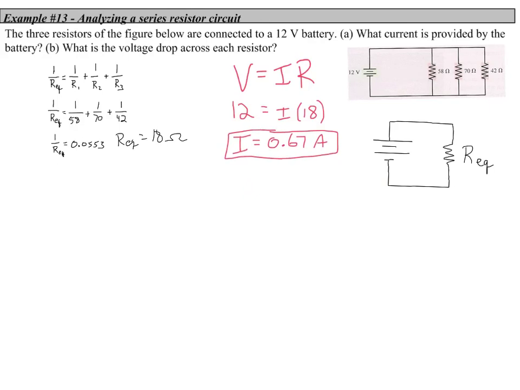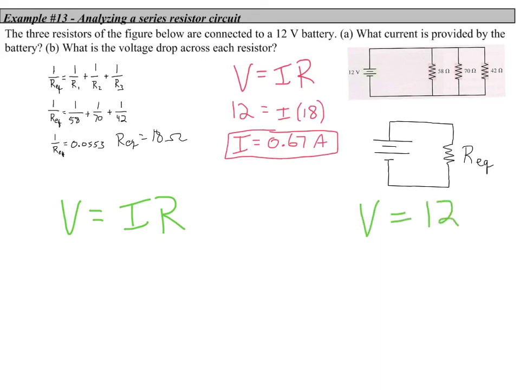So if we were asked to find the current through, say, the 58 ohm resistor, we're going to use the resistance for just that resistor, just that 58 ohms. But then what about the voltage drop? Well, the rule for voltage drops in a parallel circuit is that the voltage drops are the same across each resistor.